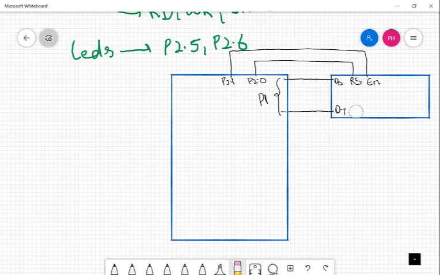That's okay so far. And now I will be moving to other pins of my LCD.